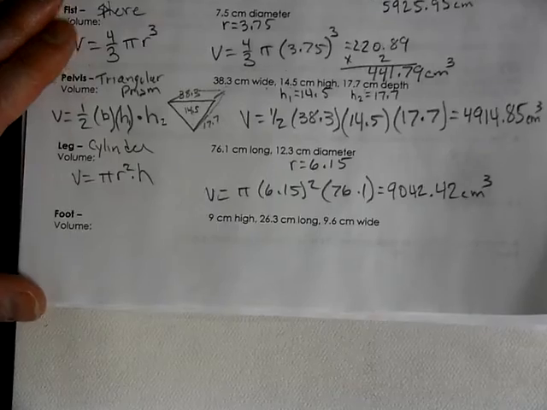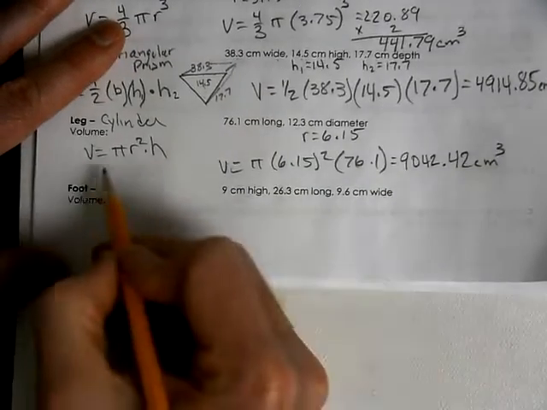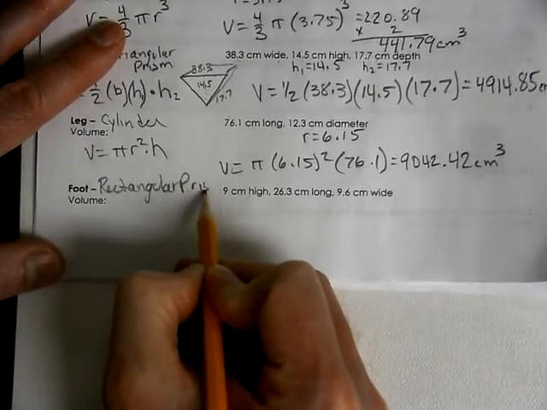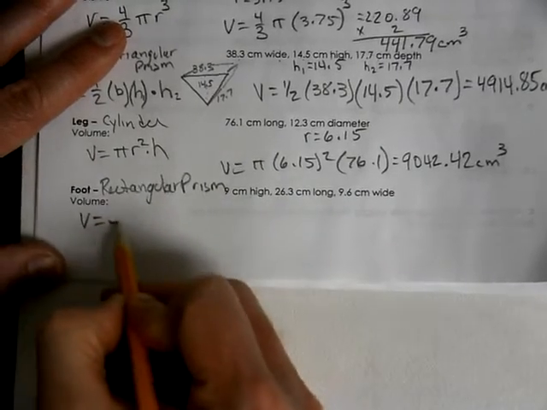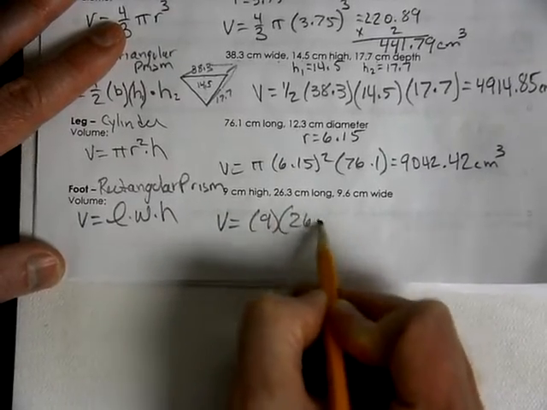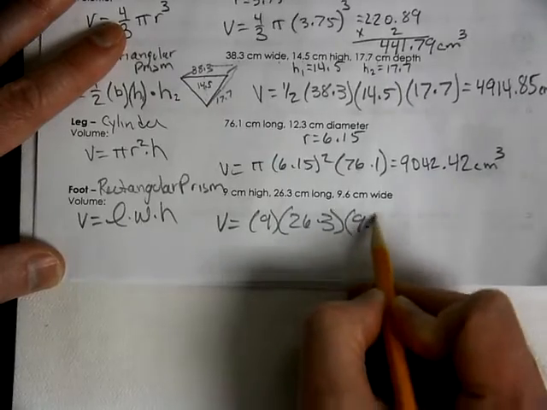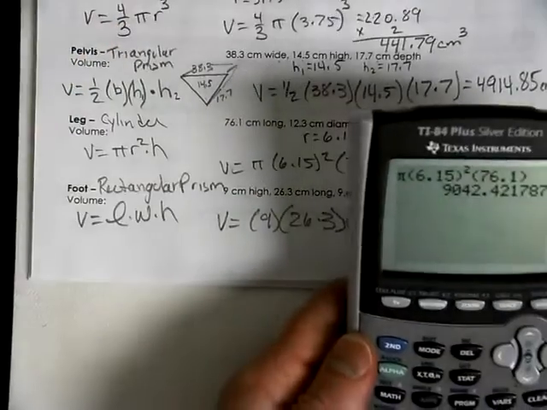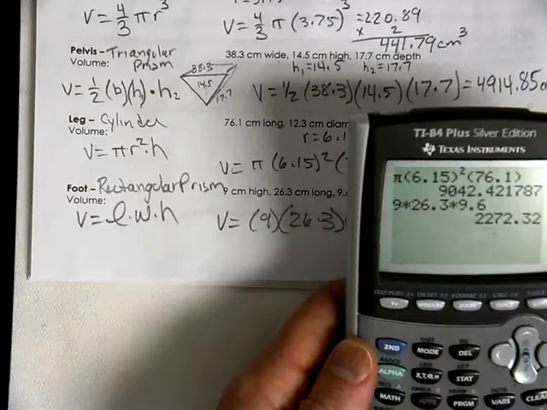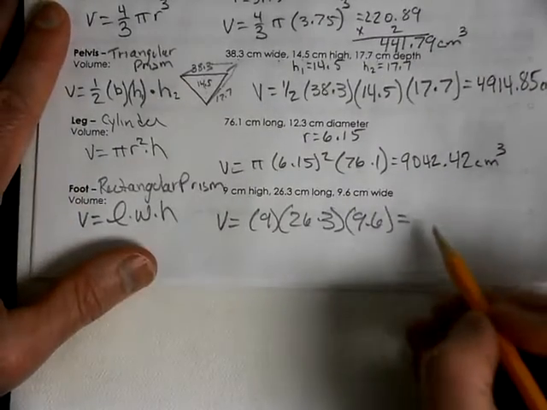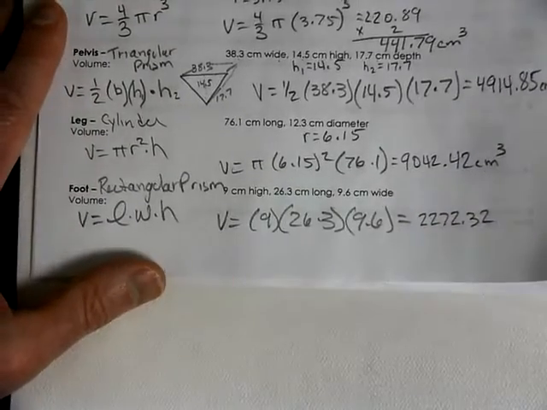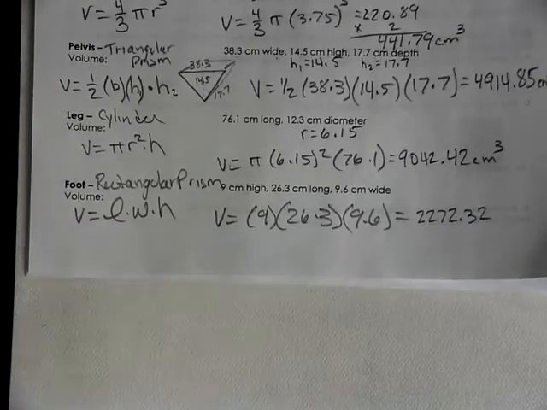A foot. Yeah, looking at the dimensions they give us, a rectangular prism, typically known as length times width times height. 9 times 26.3 times 9.6. 2,272.32. Now, how many feet do we have? We have 2 feet.